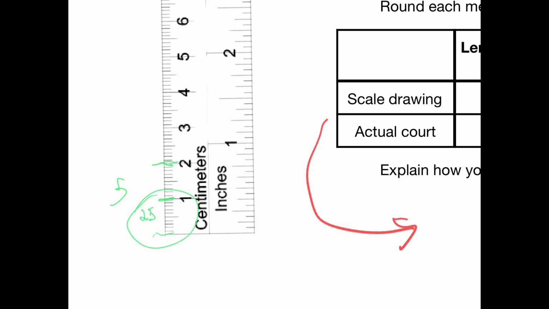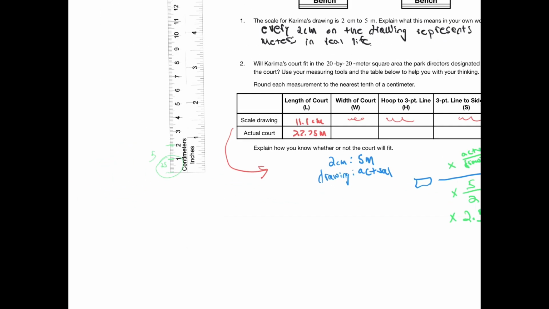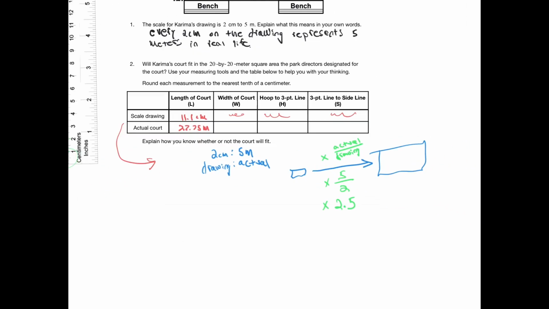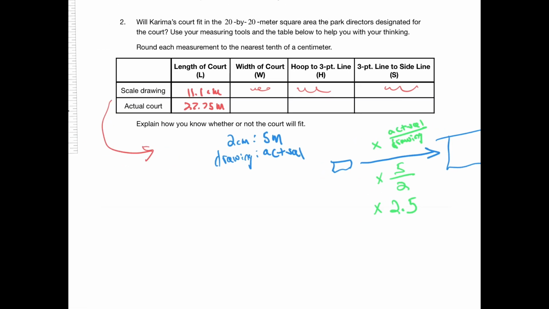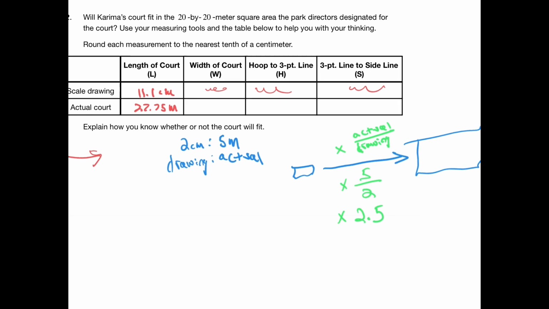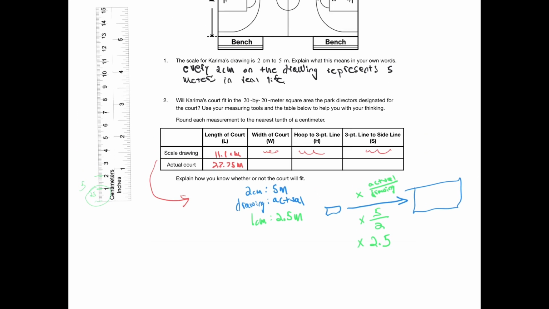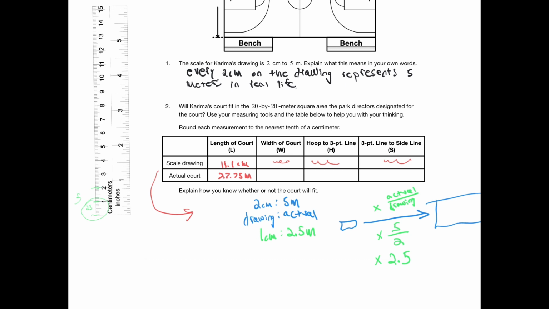And once you figure out what 1 centimeter represents, it's much easier to figure out what 11.1 centimeters represents, because you don't have to use this fraction. So we have 1 centimeter, you could also say, is 2.5 meters. So you're going to use that information to fill in the rest of the chart. I'll let you do that now, and we'll see if our measurements line up.